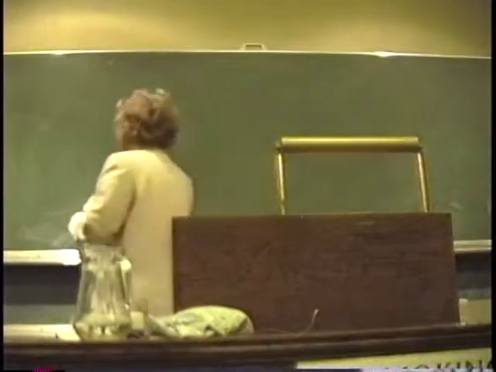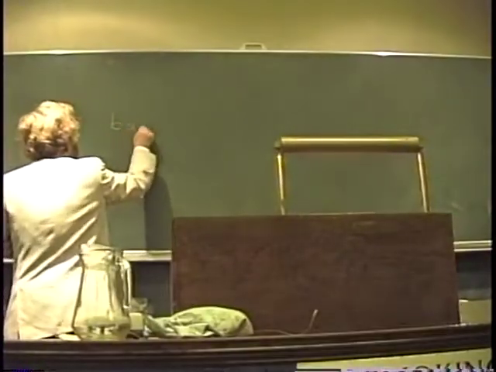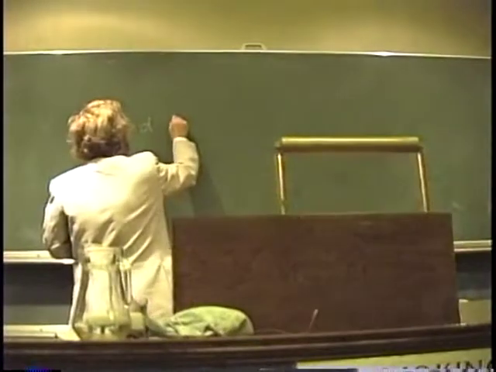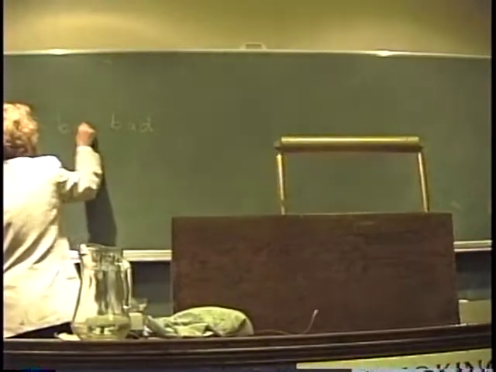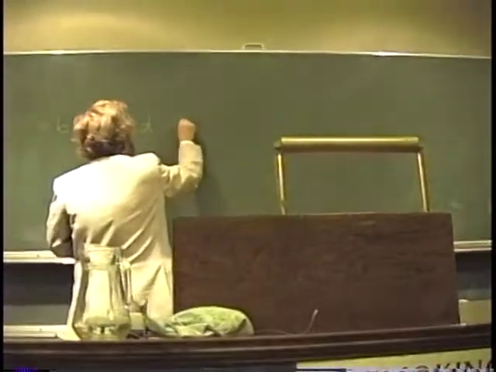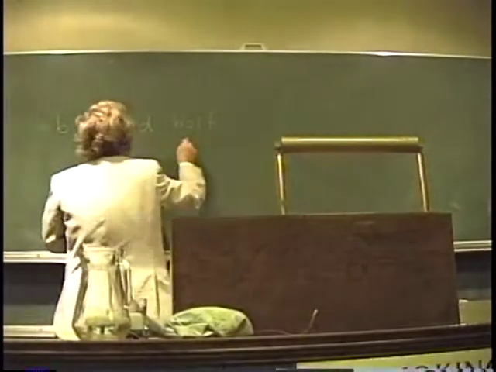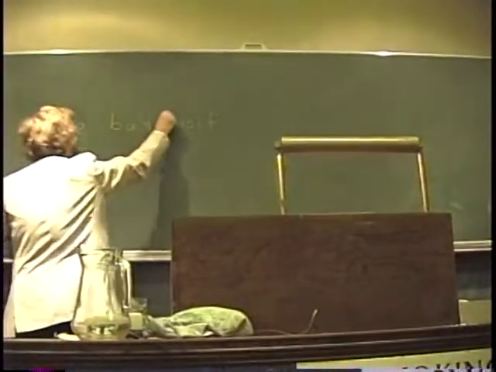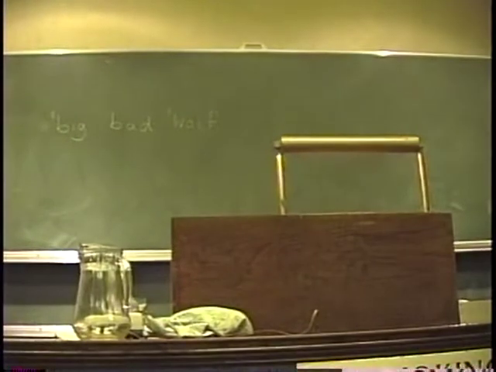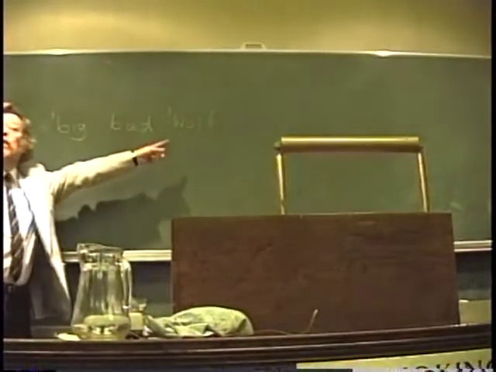Which is why, if you take this example that I gave you yesterday, we're more likely to say it like that, big bad wolf, than to have 3 sentence stress syllables come together.